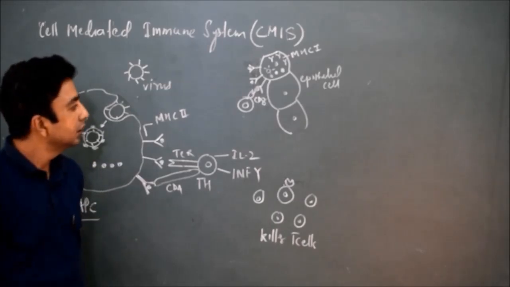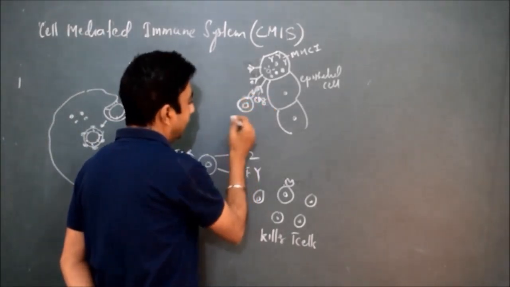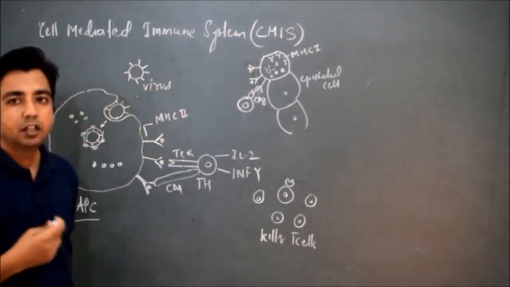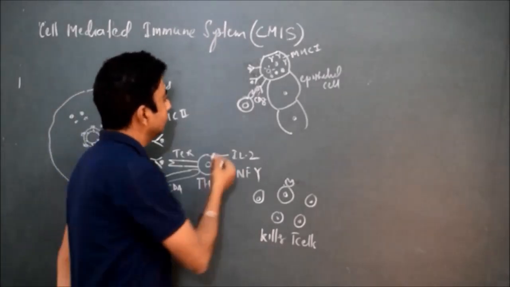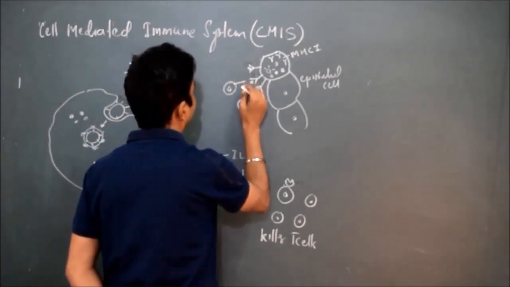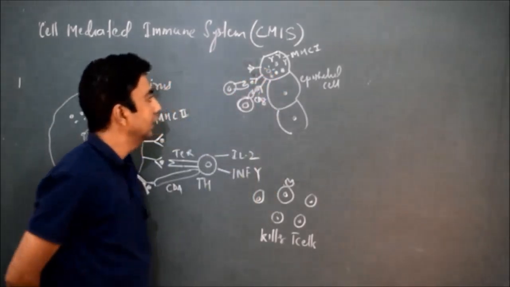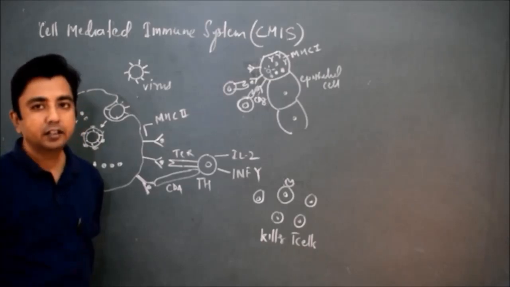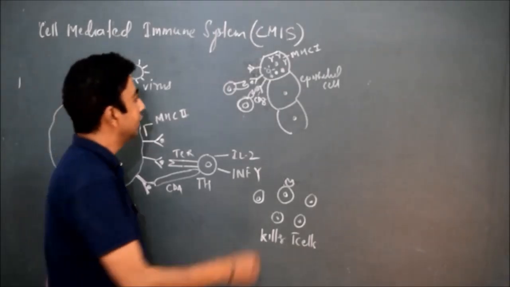Now after this attachment, the killer T cell will secrete perforin. So these killer T cells will attach to the MHC class 1 molecule and the antigen, and the killer T cells will secrete perforin.